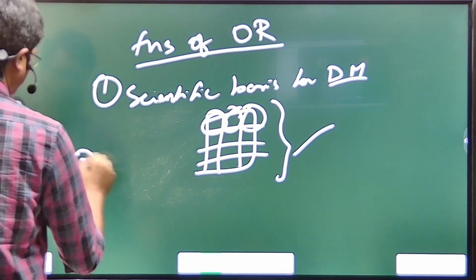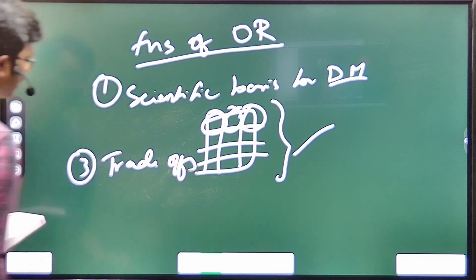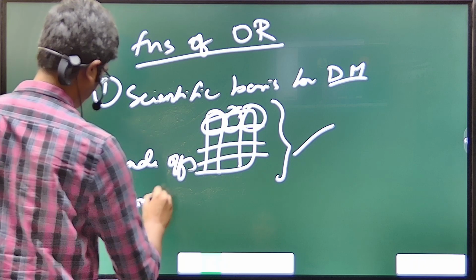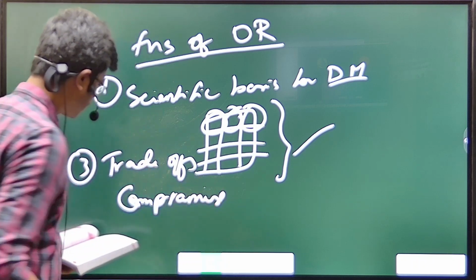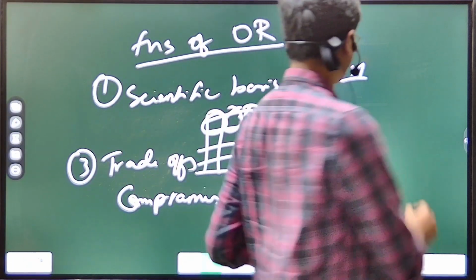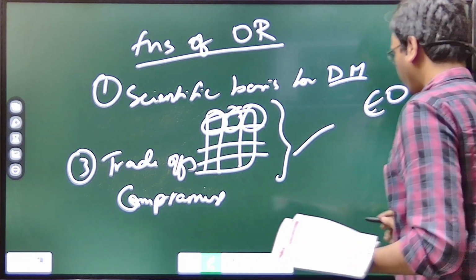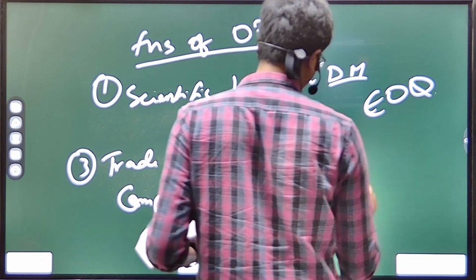What is a trade-off? A trade-off is nothing but a compromise. We have seen EOQ, right? In EOQ, what is the scenario?